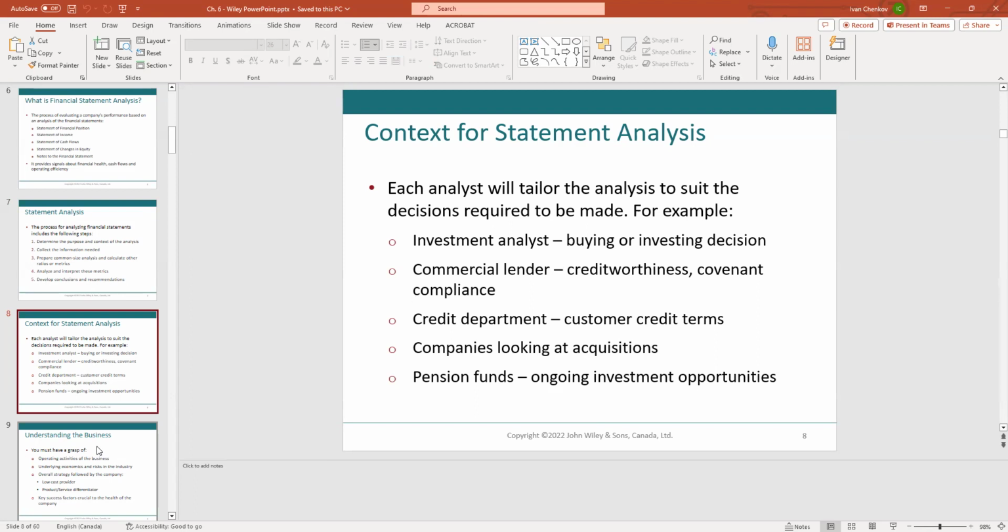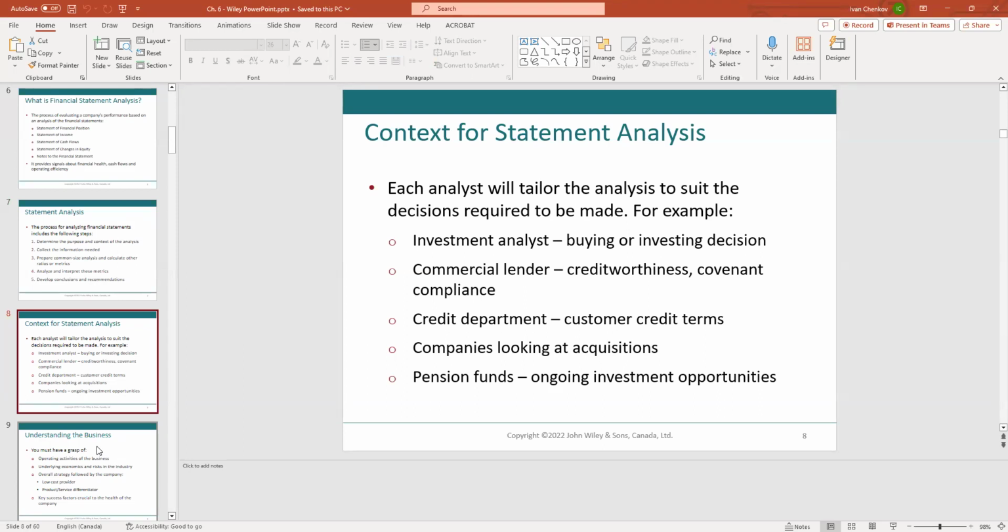Commercial lenders, for what purpose are they going to do an analysis? Just to check the creditworthiness of this company. Can they cover their liabilities? Another purpose can be customer credit terms.